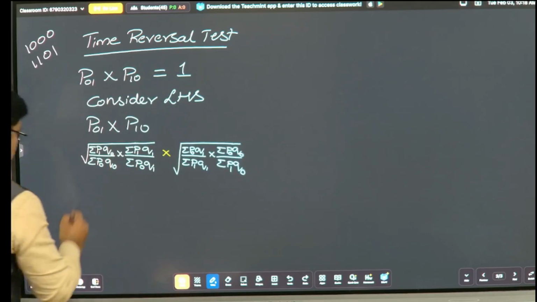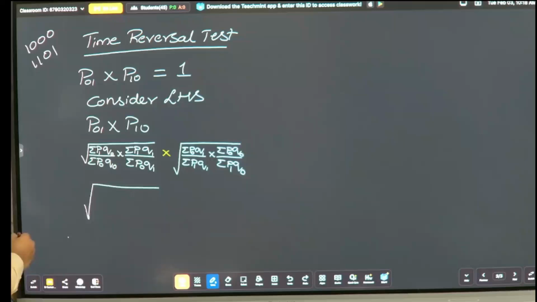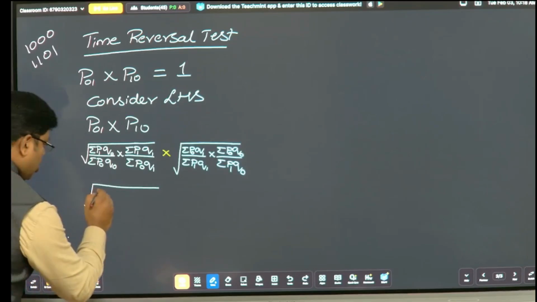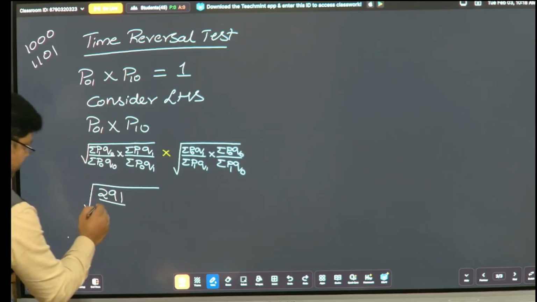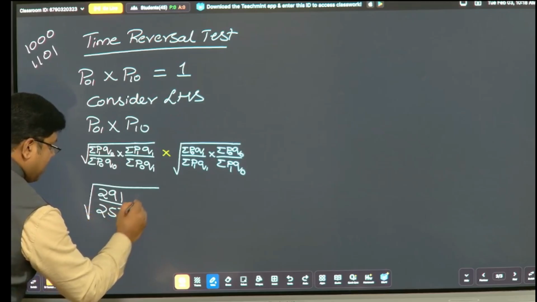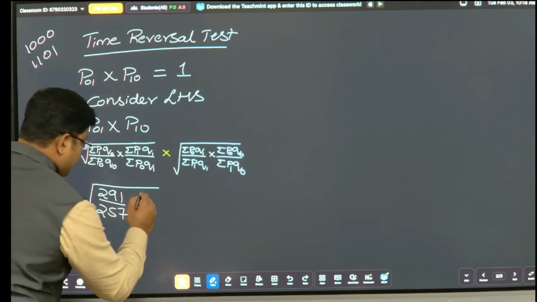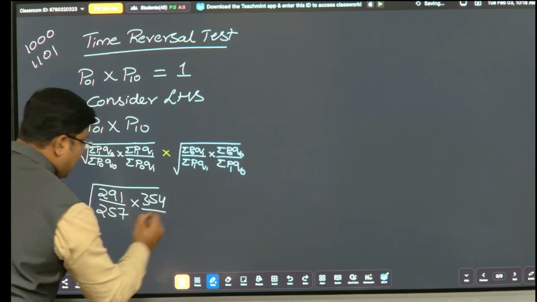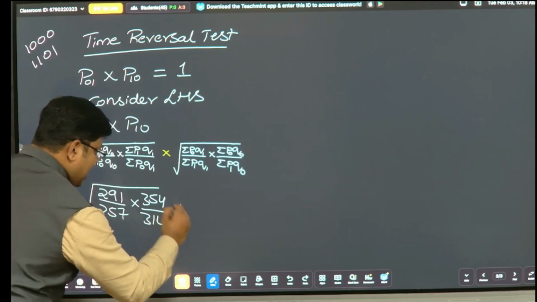Right. So, the values. Summation P1Q0 291 divided by P0Q0 257. This is from the previous table. Summation P1Q1 354 divided by 314. Please listen.